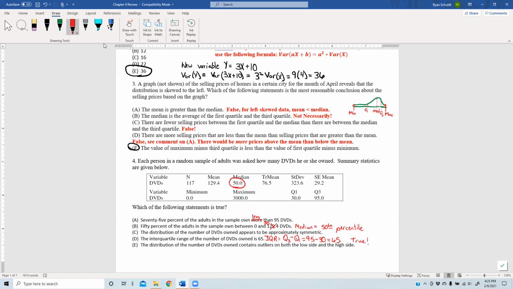E, the distribution of the number of DVDs owned contains outliers on both the low side and the high side. Well, let's see, does it? Certainly the high side, yes. But would 0 be considered an outlier? No. 0 would not be considered an outlier.